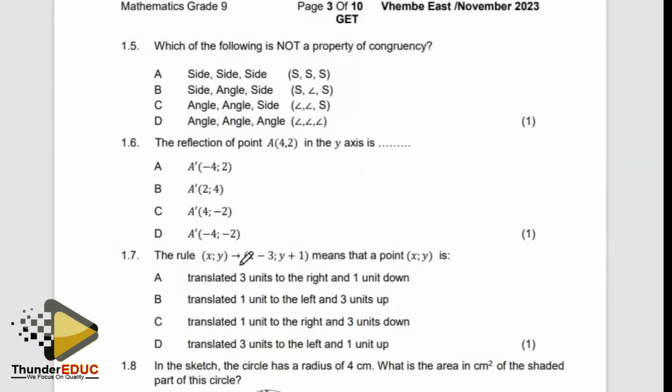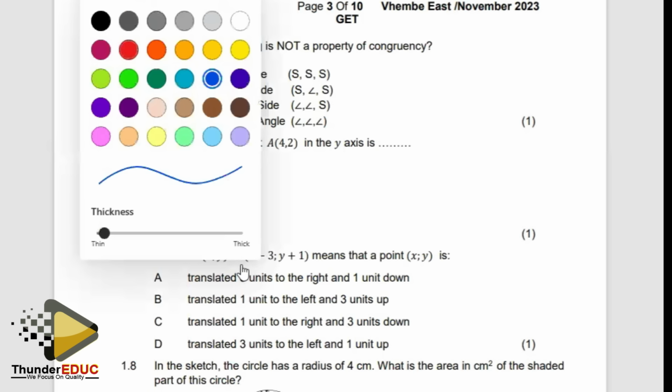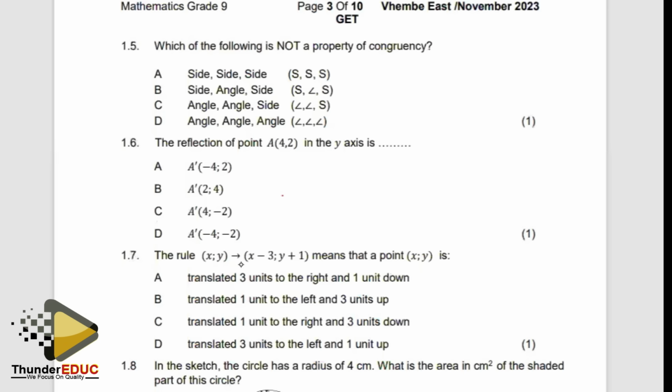Then 1.5. Which of the following is not a property of congruence? Now remember, congruency is when shapes are identical in sides and in angles. So side, angle, side, angle, side, angle, and angle. Which of the following is not a property?